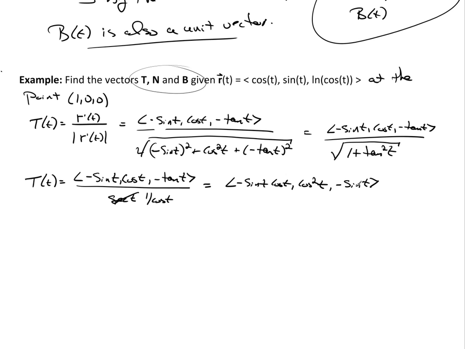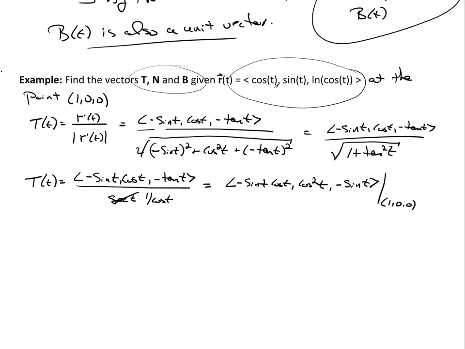Now, I want to evaluate this specifically at the point 1, 0, 0. What does it mean to evaluate this at this point? Go back up to my original vector function. The only way I'm going to get a 1 for cosine is if t is 0, because cosine of 0 is 1, sine of 0 is 0, cosine of 0 is 1, and ln of 1 is 0.